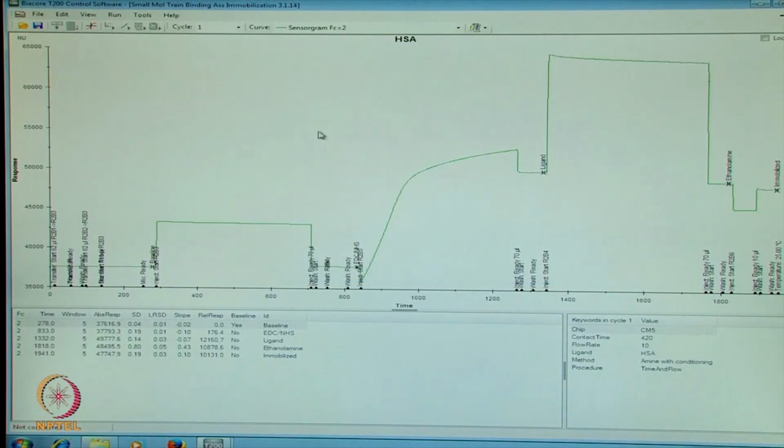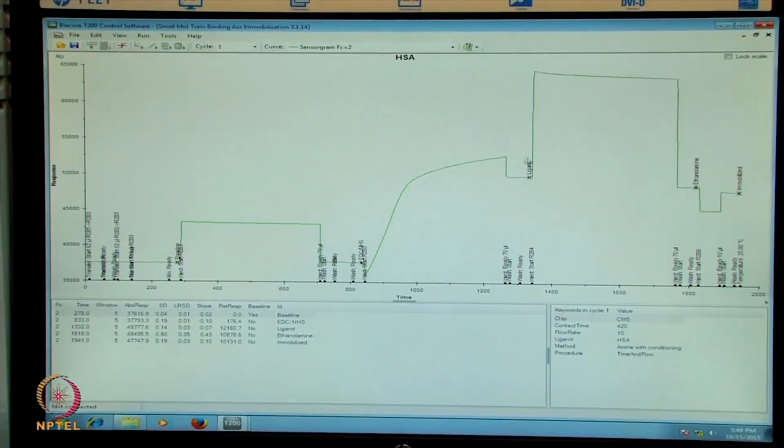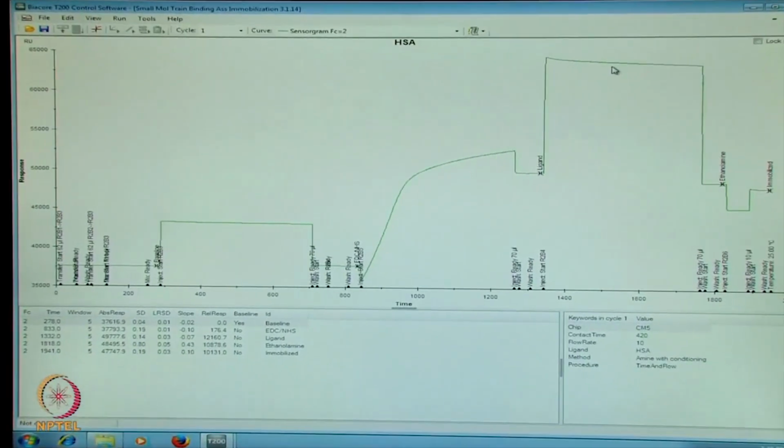Here you can see on the screen immobilization of human serum albumin by activation of the surface with EDC NHS, passage of the ligand to the sufficient amount required, blocking with ethanolamine, and immobilization.